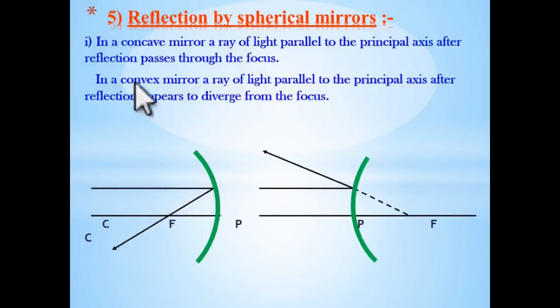In a convex mirror, a ray of light parallel to the principal axis after reflection appears to diverge from the focus. So here the ray is going like this and it gets reflected, but the reflected ray appears as if it has come from the focal point.